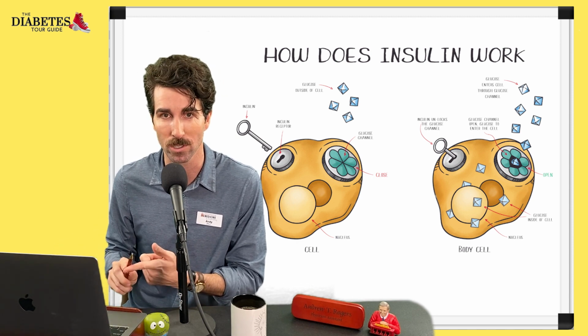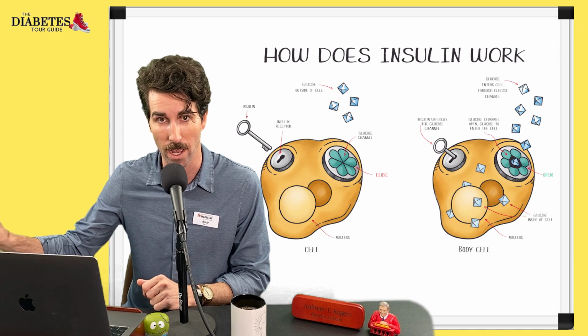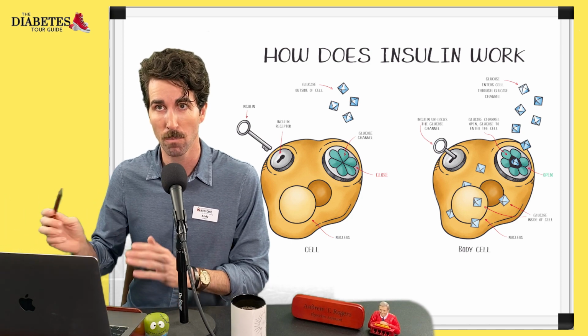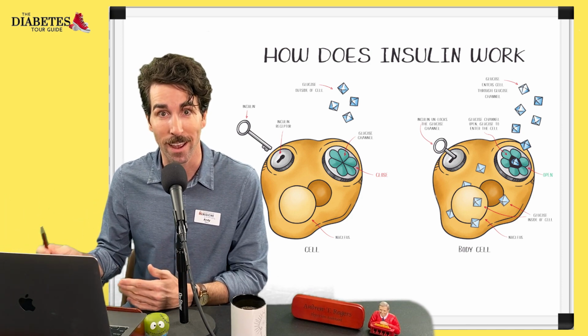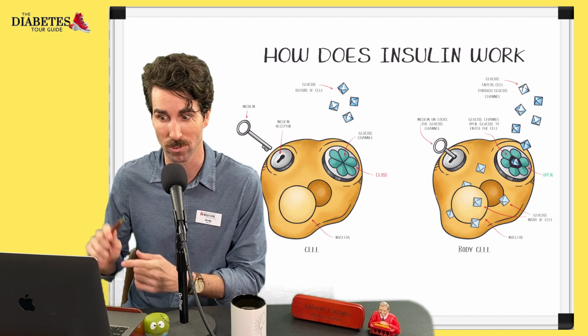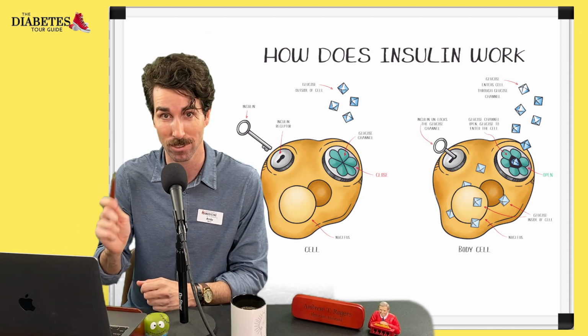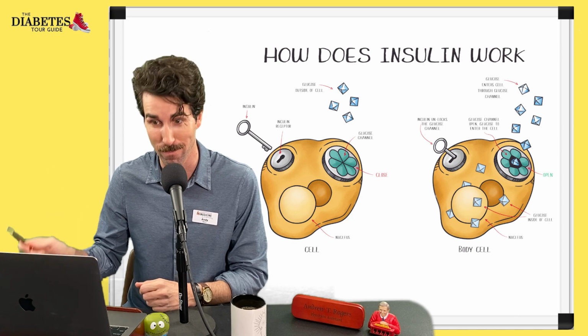The really important ones to know are glucose out of the blood into the cell, protein creation, and fat storage. So it deals with the big three: sugar, fat, protein.